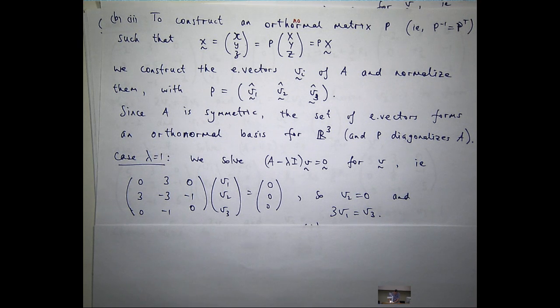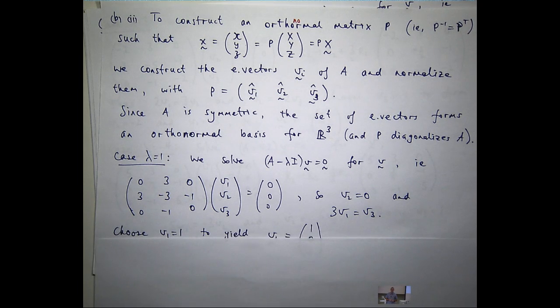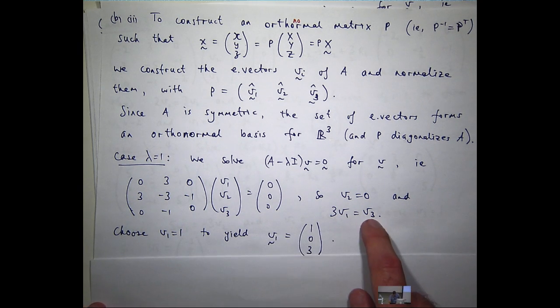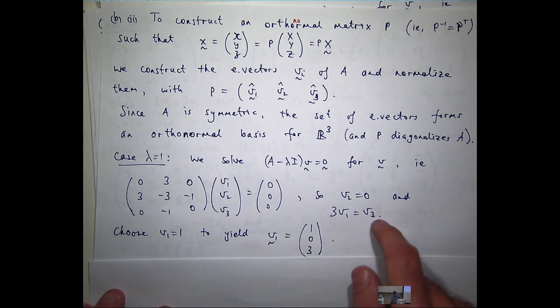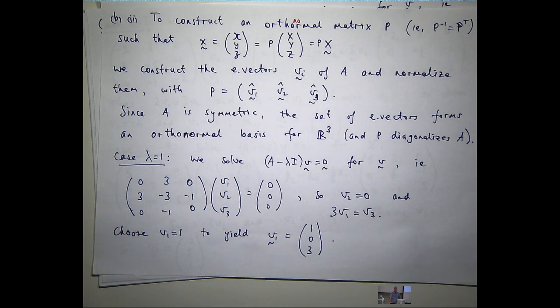So let's just pick a simple value, say for either v1 or v3. I've chosen v1 to be 1. So if v1's 1, v3 must be 3 times 1. And of course, v2 is 0. So that's my first eigenvector.